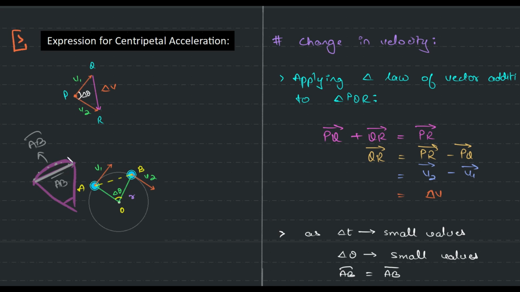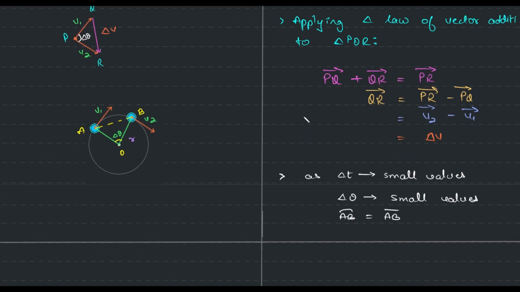So what I'm trying to tell is, both will be same, provided we have delta t tending to a small value, delta theta will tend to a small value. So for a small time interval, we can consider arc AB to be equal to the length AB, the line segment AB. Okay, yes.